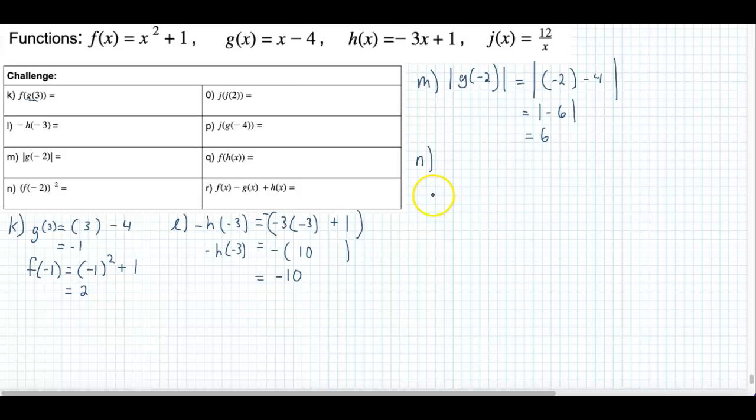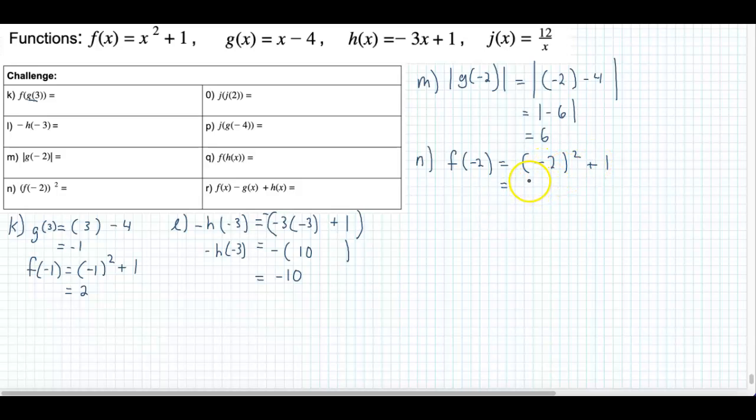Let's take a look at N. N says f of negative 2 squared. Let's just find out what f of negative 2 is first, and then we can square that value. The function is the input squared plus 1. What's my input? Negative 2, right? So we square negative 2.